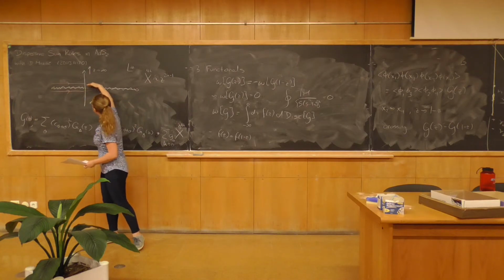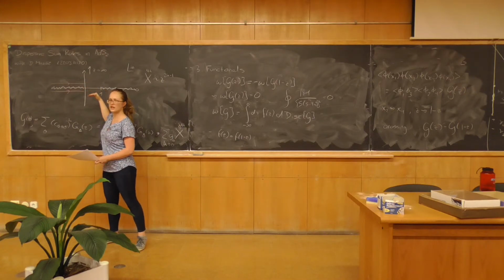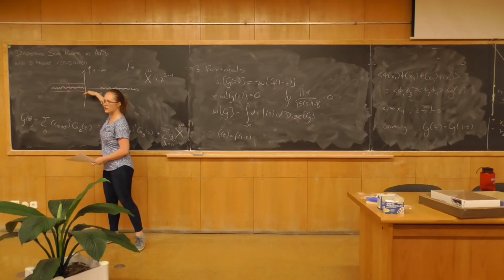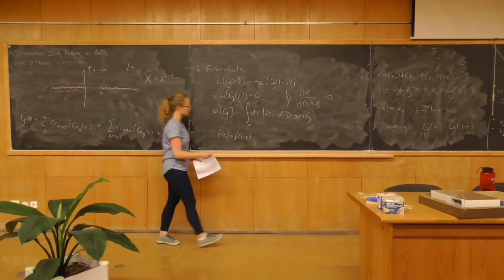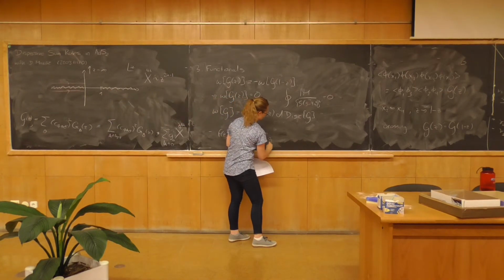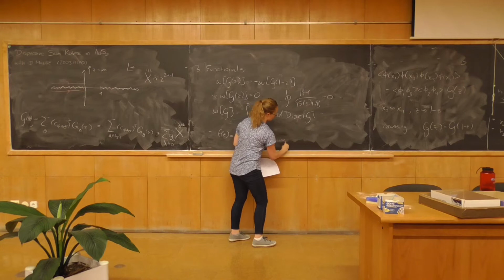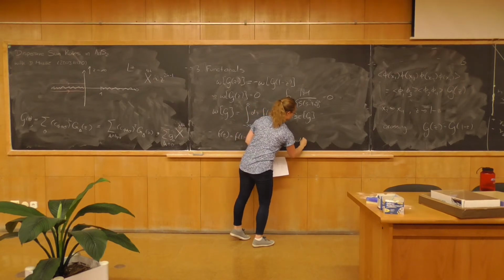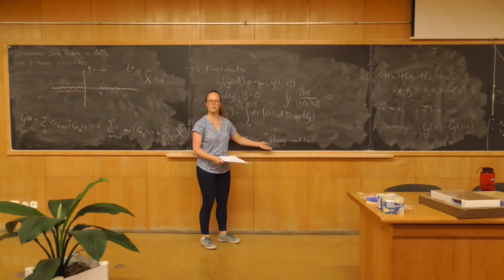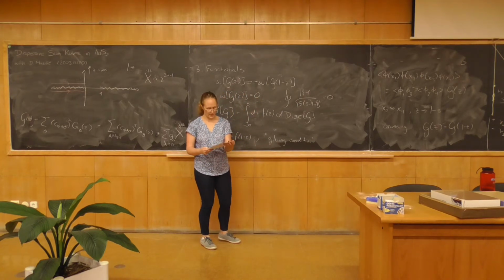In order for us to get rid of any contours above and below the cut, we need to relate f of z above and below the cut. This is what our gluing condition will do. So it also has to satisfy a gluing condition. The exact condition, though, won't be particularly illuminating.